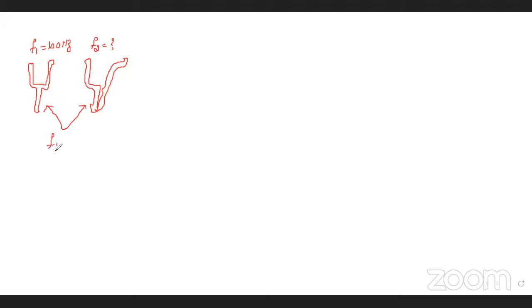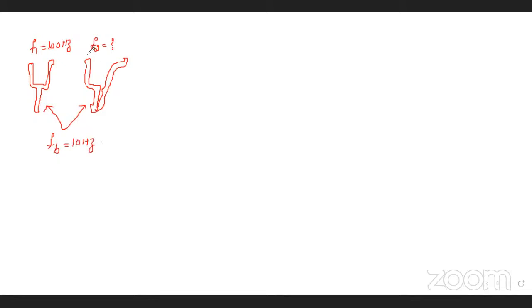Now, I will give one tuning fork F1, 100 Hz. I will give another tuning fork. This tuning fork is F2, question mark. I will strike these two tuning forks. Beat frequency is found to be 10 Hz.